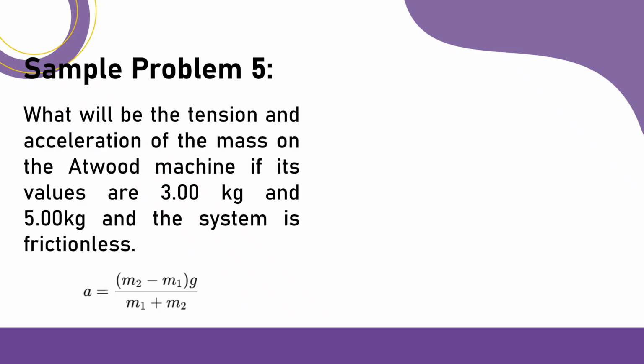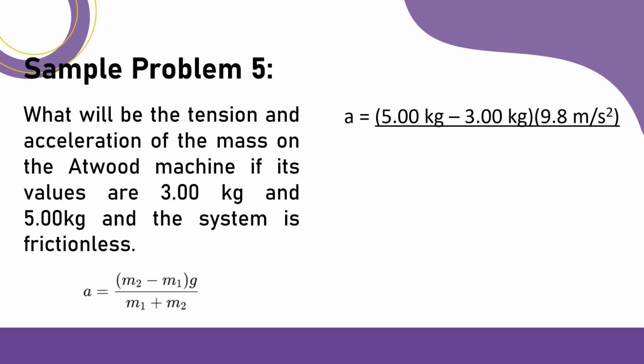Our M1 would be 3 kilograms and our M2 is 5 kilograms. Substituting our values, A is equal to 5 kilograms minus 3 kilograms multiplied by 9.8 meters per second squared, divided by 3 kilograms plus 5 kilograms. You would arrive at 2.45 meters per second squared as the acceleration.